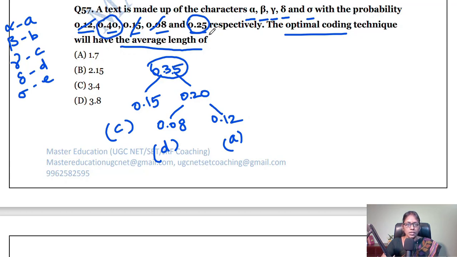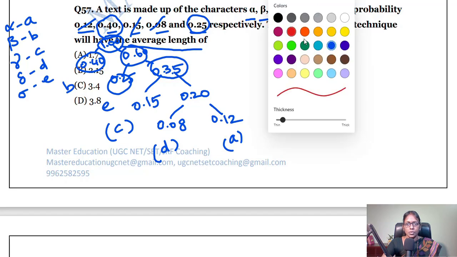Which is smaller? 0.25, so that comes to the left of 0.35. 0.25 plus 0.35 is 0.60. Then 0.40 comes to the left of 0.60, and the total is 1.00. Okay, so that's all.